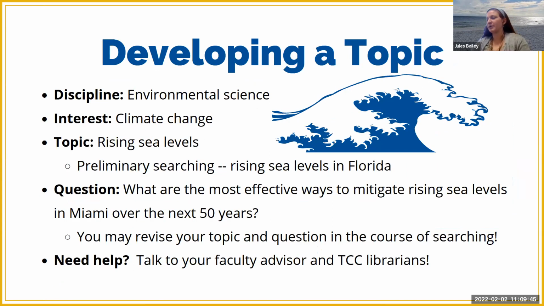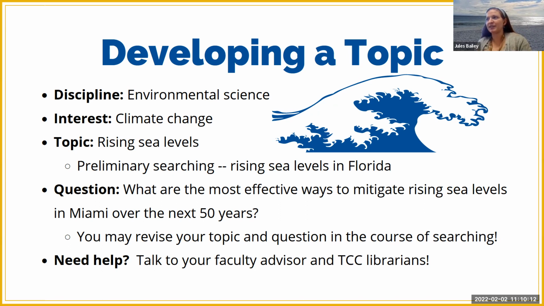When you're developing a topic, this is an example of what it looks like. Say we're interested in environmental science, and your discipline is environmental science, or you were in an environmental science class that you really liked, and you want the faculty sponsor who taught you in that class to help you with your Undergraduate Research Symposium.